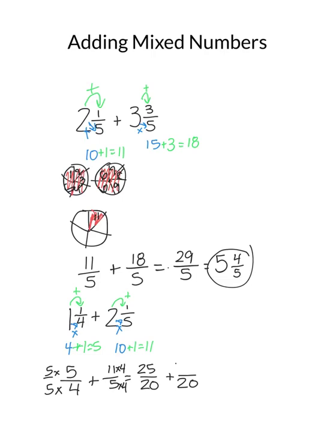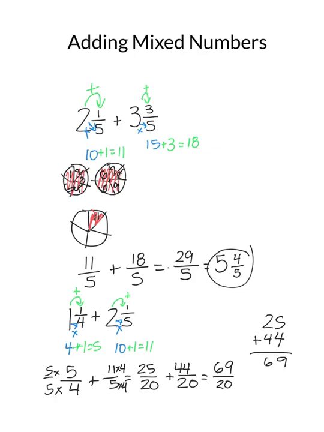So 11 times 4 is 44. So now I can add, because I have the same number in the bottom, common denominators. So next I need to do 25 plus 44. 5 plus 4 is 9, 2 plus 4 is 6, to get 69/20.